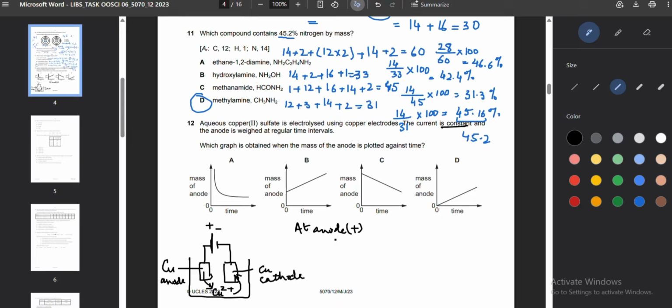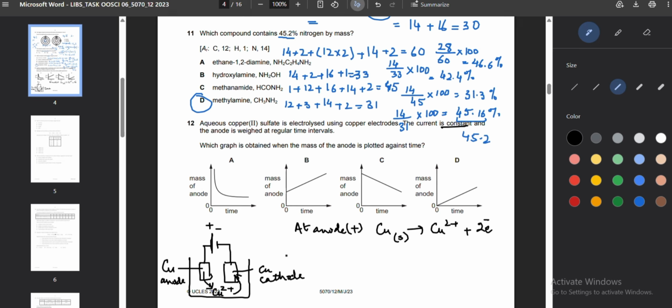Anode is positively charged. Over here, copper atoms lose electrons and they dissolve into the solution, so the mass of copper decreases with time. Alright, we can also write the reaction that solid copper atoms, they lose electrons and they change into ions by the loss of 2 electrons.